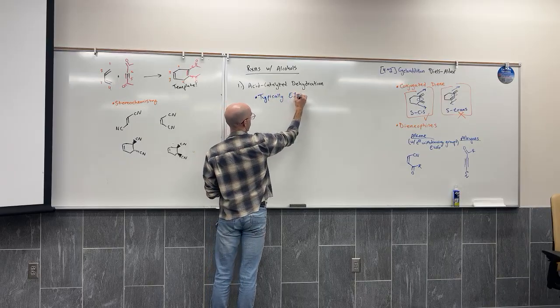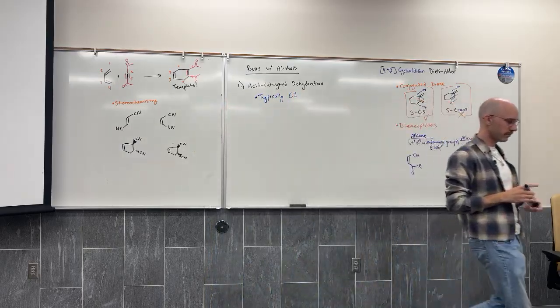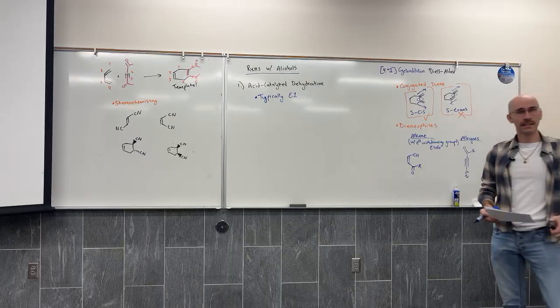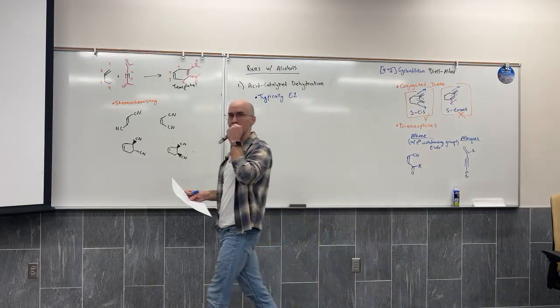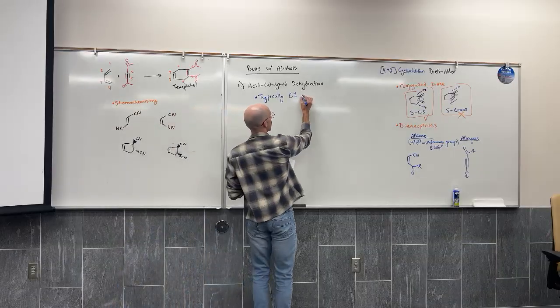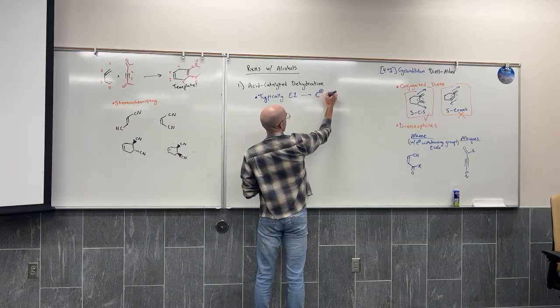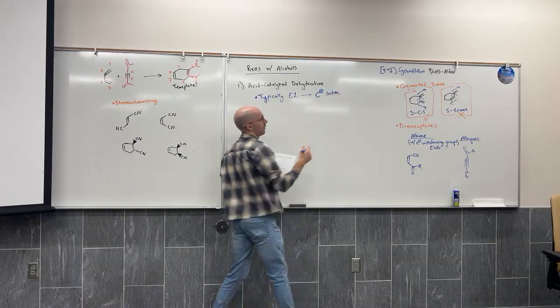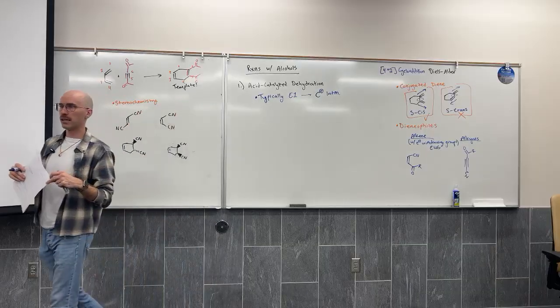It is the top middle, 12 o'clock. This is typically an E1 elimination. We're going to learn today that that means it has a carbocation intermediate.